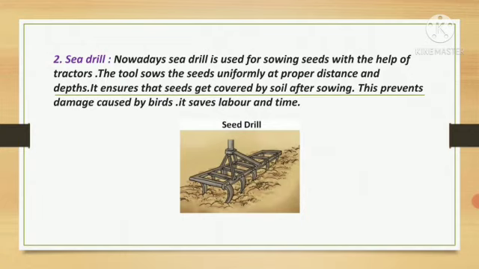In this, the seeds are sown at proper distance and depth. This prevents damage caused by the birds. This is the easiest method as it saves our labor and time. Students, in the picture you can see that seed drill is shown.